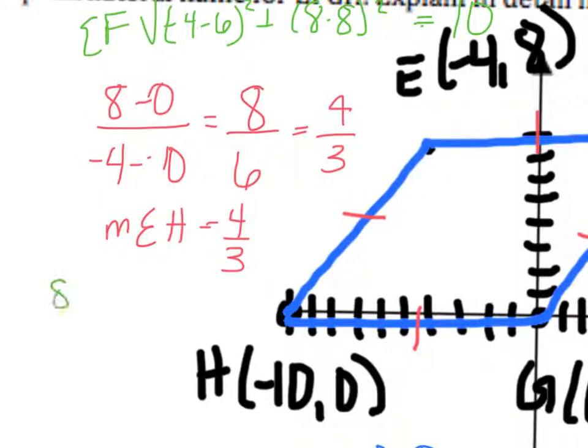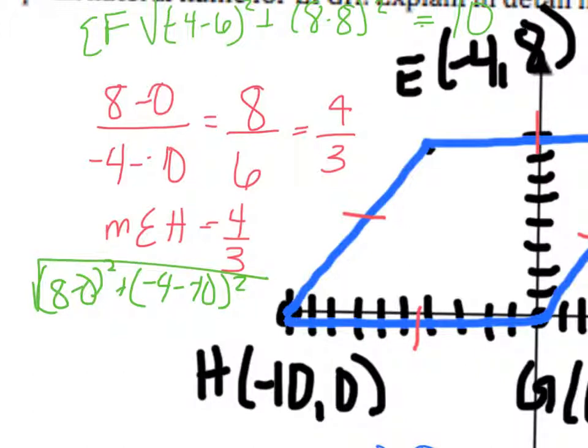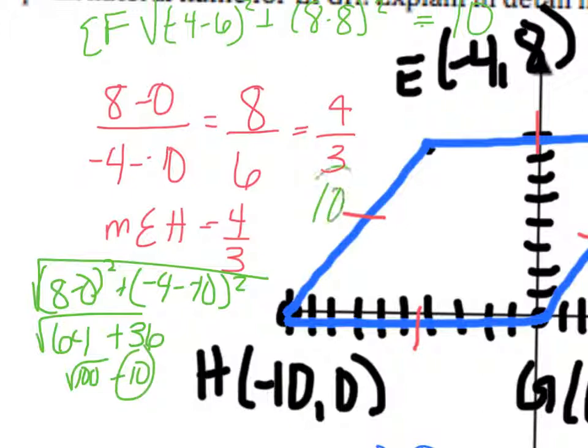So if I do 8 minus 0 squared plus -4 minus -10 squared, I'll have 64 plus 36, which gives me the square root of 100, which equals 10. So this side is also 10.